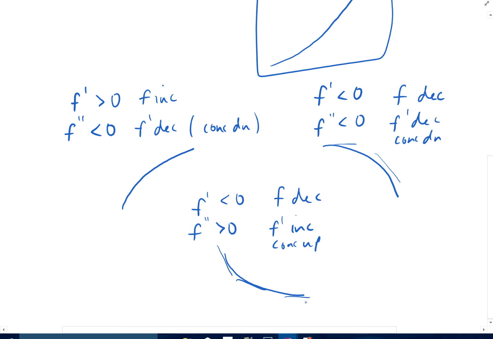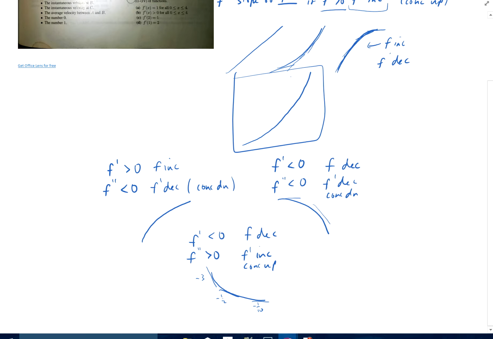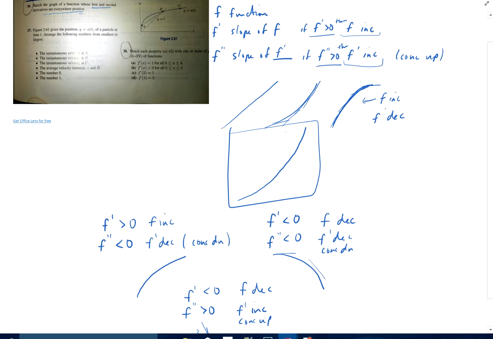I mean smaller in magnitude. So the slope might be negative 3, negative 1/2, negative 1/10. The derivatives are actually getting bigger as we move from left to right on the number line. So there are your relationships between all of the different functions and what they'd look like for f prime and f double prime. Okay, there we go on that one.